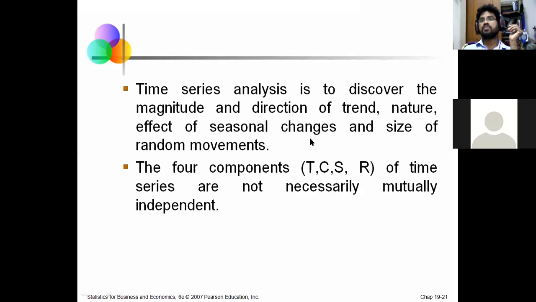It also shows the nature and effects of seasonal changes, why seasonal changes happen, and suggests random movements. There are four components or variations: secular trend, cyclical variation, seasonal variation, and random or irregular variation, TCSR or TSCR. The time series components are not necessarily mutually independent.